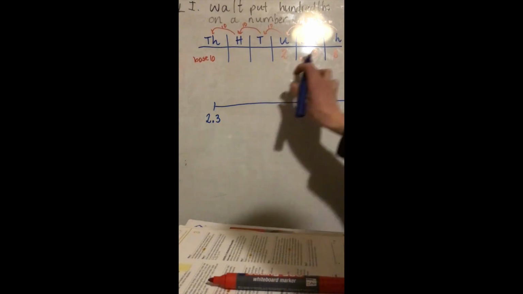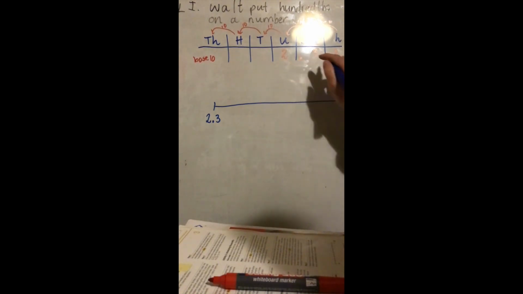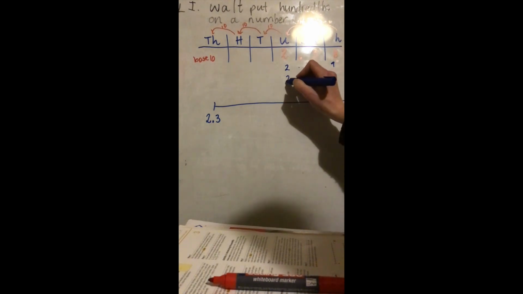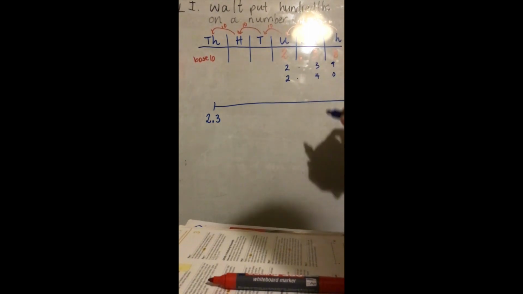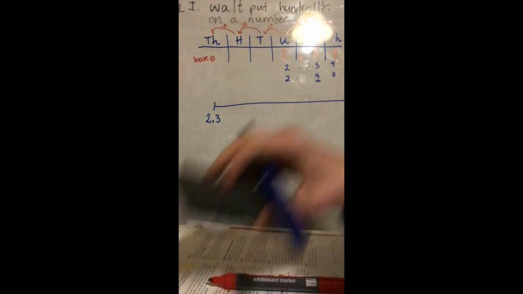And I know that if I go one bigger than 2.38, I'll have 2.39, and then I'll have 2.40. So my next tenth, which is going to be on the other side of my number line, is actually going to be 2 units and 4 tenths. All right, so I can get rid of this.